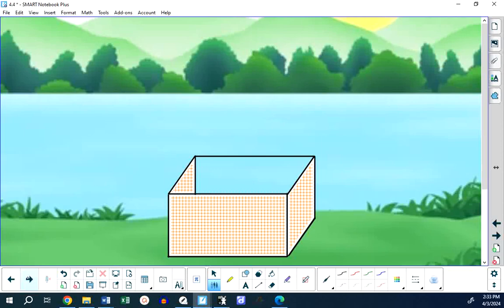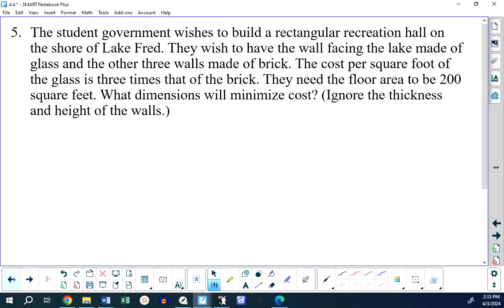Okay? And you want the area to be fixed. You need 200 square feet. The question is, what dimensions will minimize the cost if the glass is 3 times as expensive as the brick? It's more complicated. But we will tackle that one tomorrow.